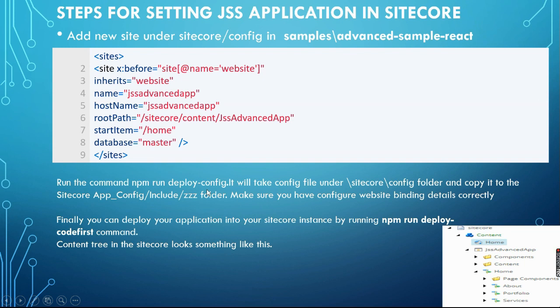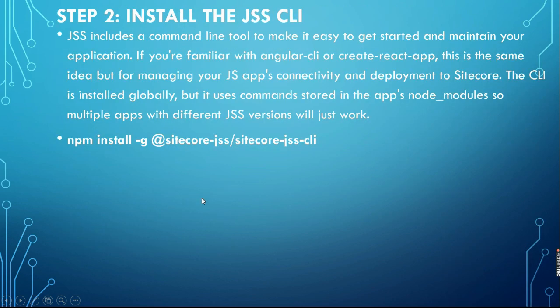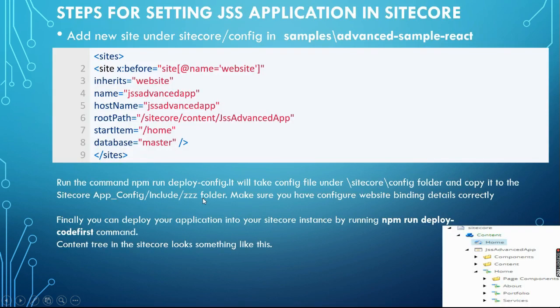This will deploy the above specified site definition, which is updated in the newer React application config in the sitecore app config folder. Then finally, you can deploy the application using the npm run deploy code first command.